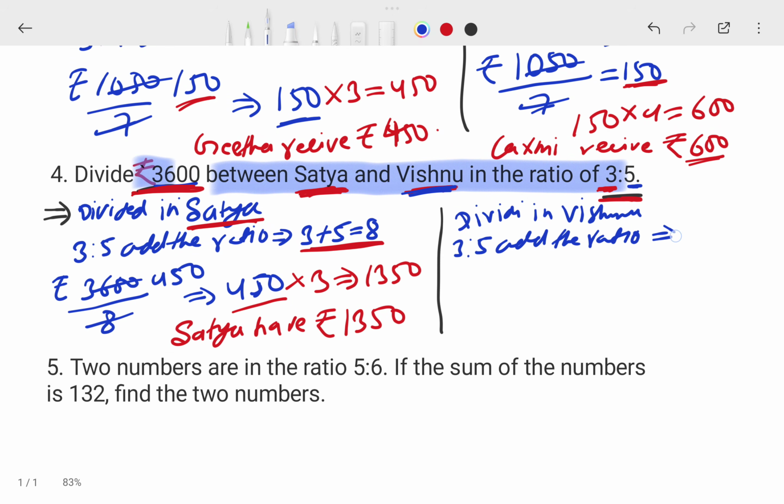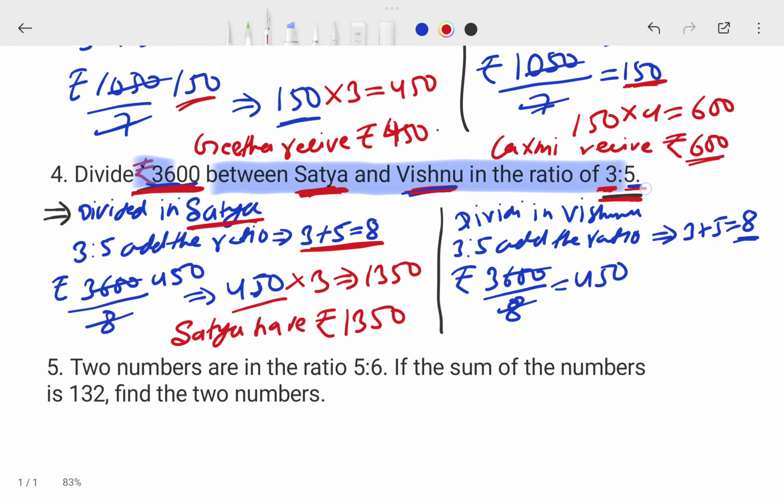If you add the ratio, 3 plus 5, it's going to be 8. Now that 8 is there, we have to divide with this number. The given amount is 3600 rupees, and if we divide by 8, the answer is going to be 450. So what is the value of Vishnu?